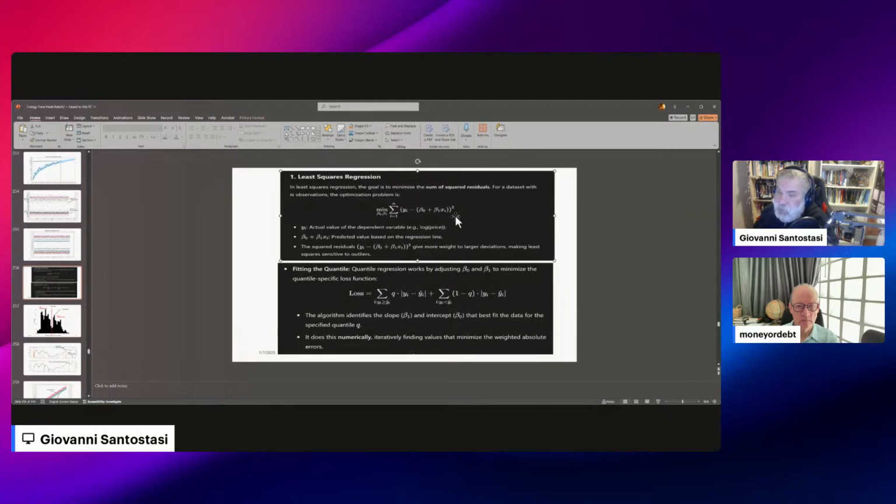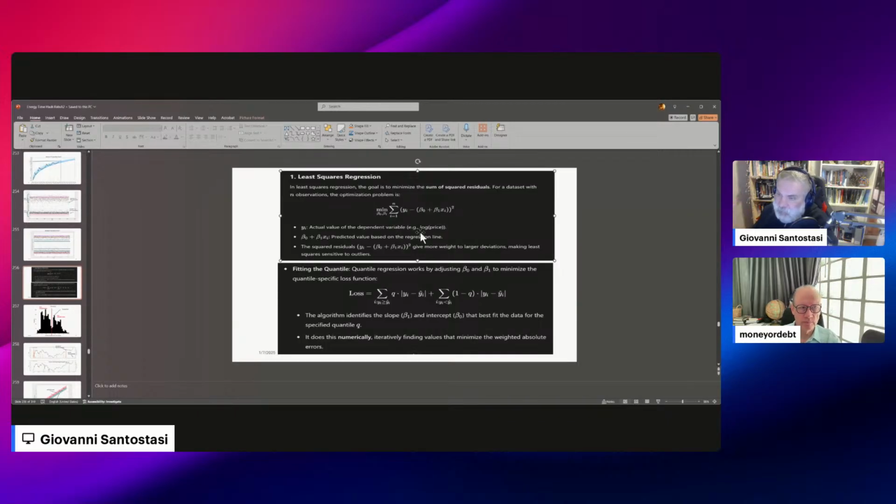And you can do it in different ways. In theory, you could loop through all the possible values in a range that seem reasonable, get all these errors, and then choose the smallest one.